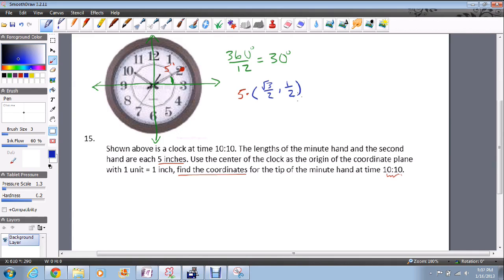So this gives us a final answer of 5 square roots of 3 over 2, comma, 5 times 1/2. You could write 2.5, or I like to keep it as fractions, 5/2. So that's the coordinate of the end of the minute hand at time 10:10.